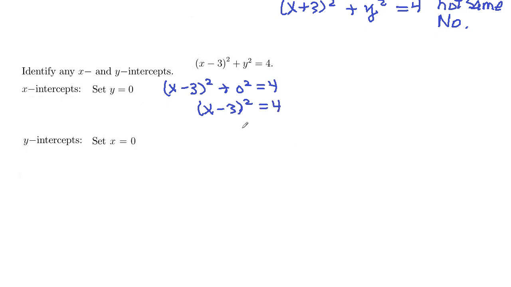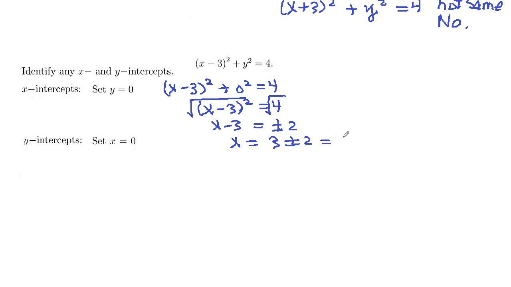And then we can solve this by taking square roots. So square root on the left equals square root on the right. So we get x minus 3. And then there's a positive and negative square root of 4, so plus or minus 2. And now let's add 3 to both sides. So this 3 will come over as a positive. So x will be 3 plus or minus 2.